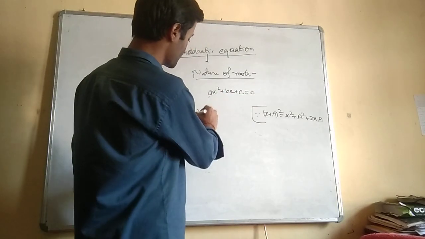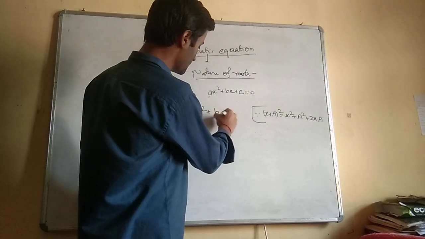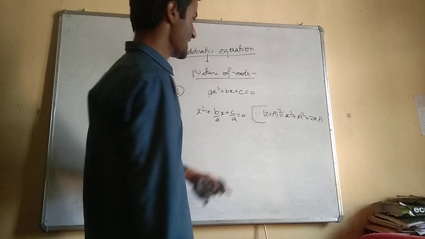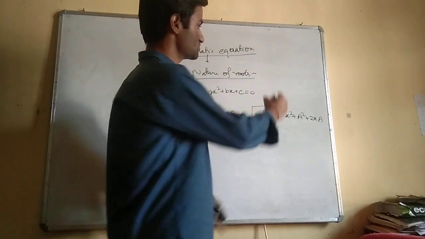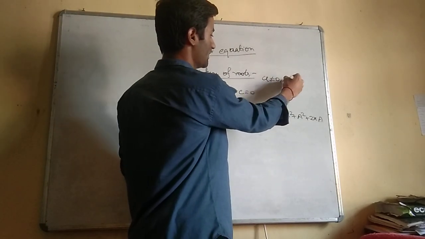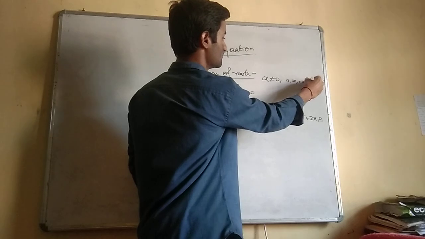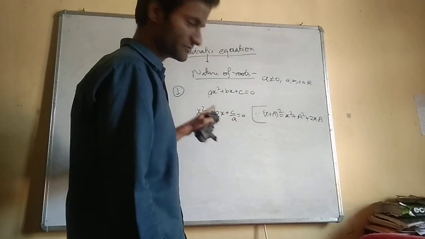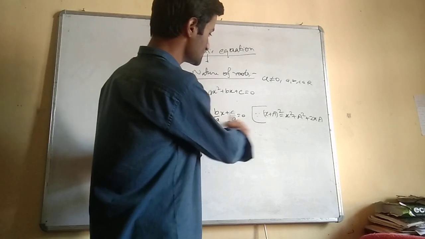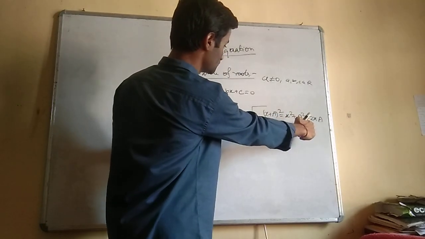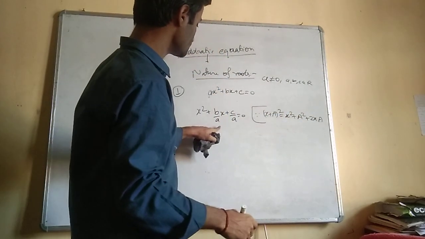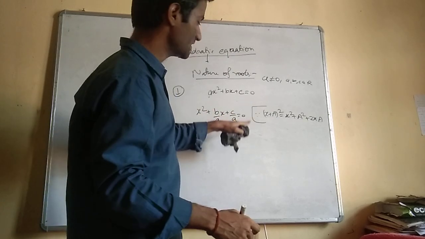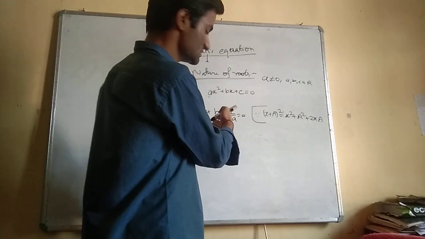So this will become x square plus b by a x plus c by a is equal to 0. As I have written that a is not equal to 0 and a, b, c belongs to R, so if a is not 0, then this is completely defined. If you observe these two things, it looks very difficult to write this in a squaring form.